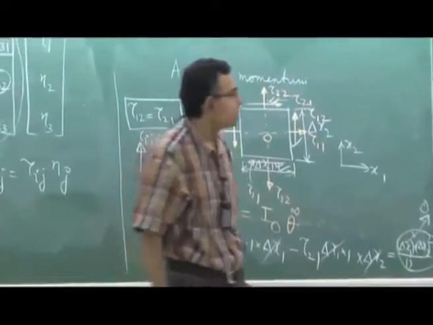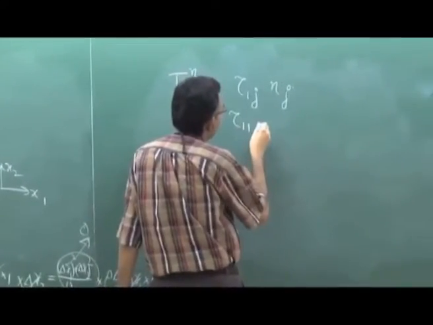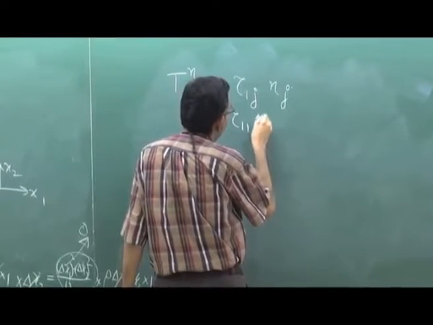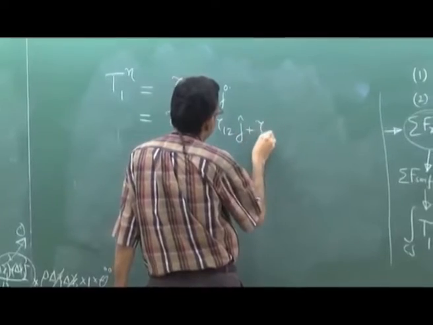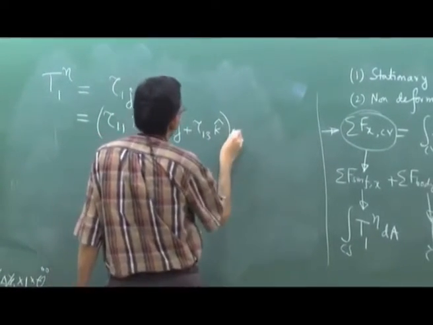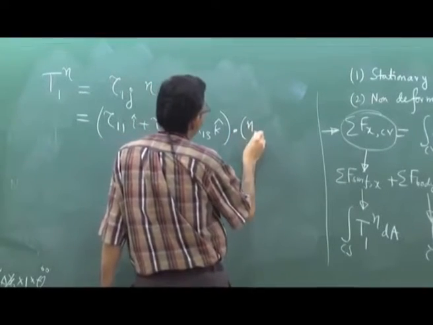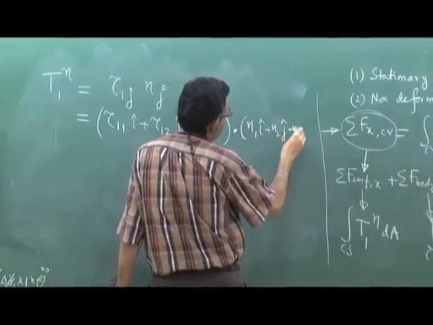Okay. So, this we can write as (tau 11 i plus tau 12 j plus tau 13 k) dot with (eta 1 i plus eta 2 j plus eta 3 k).